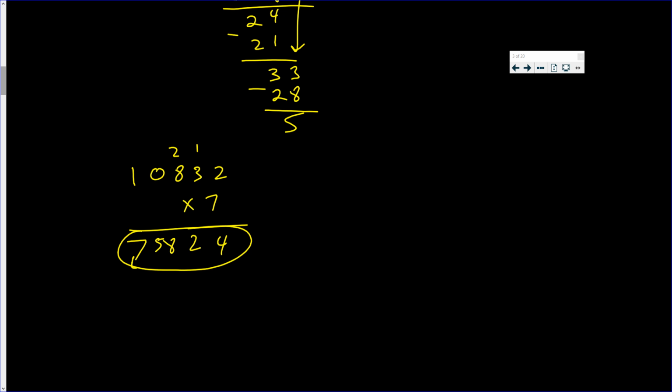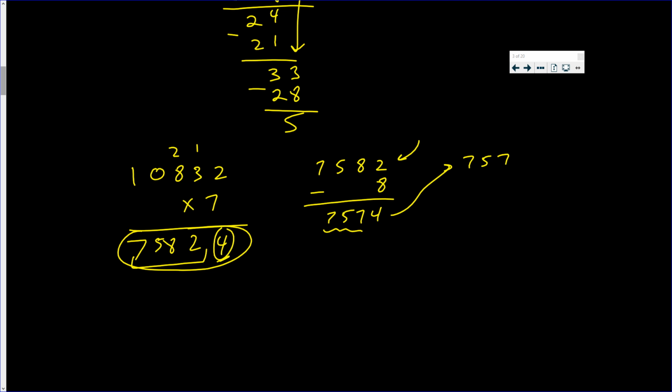So I take everything but the last digit, and then I take away 2 of the last digit. 7574. I don't know if 7 goes in there. What am I, a computer? So I take 757, and I take away 2 of those. And I get 749.